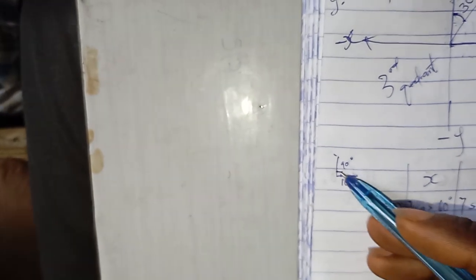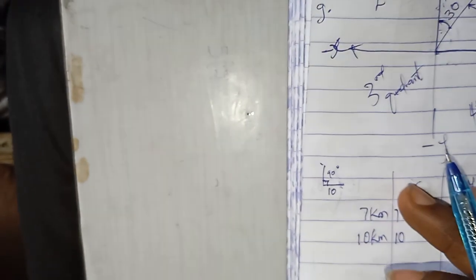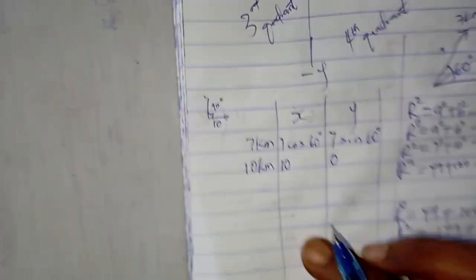So 10 times 0 is 0. So going towards y is going to give me 0. Now let's say this 10 that is here, I'm trying to take this further away from this angle. Away is sine, and sine 90 is 1. So 1 times 10 is 10. So I'm using this.